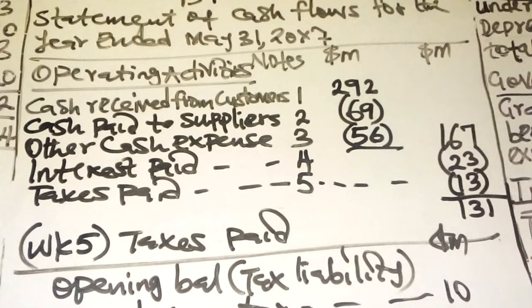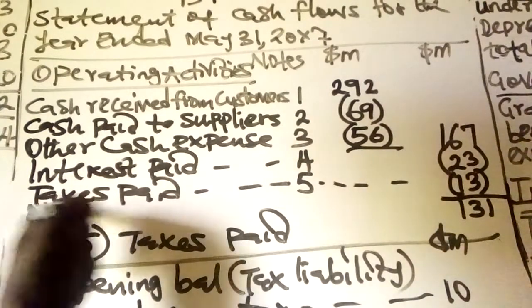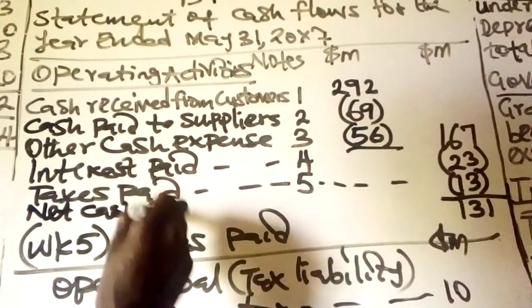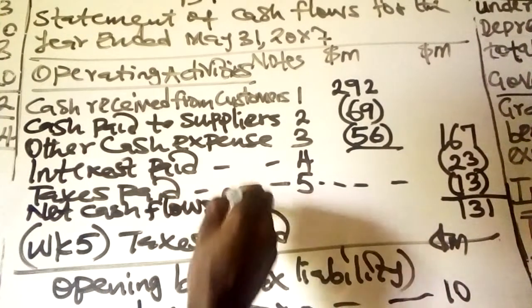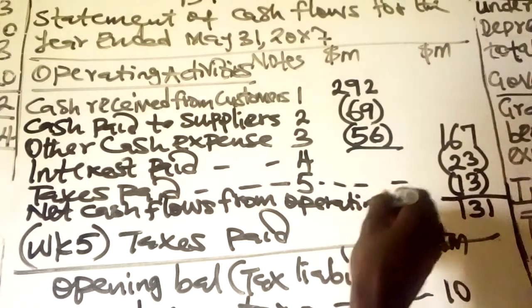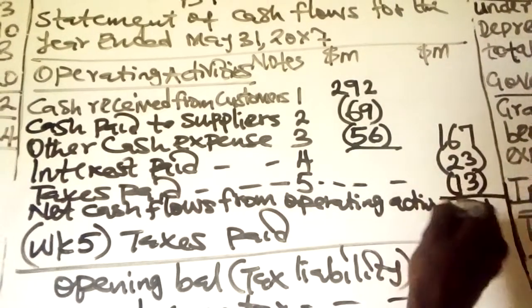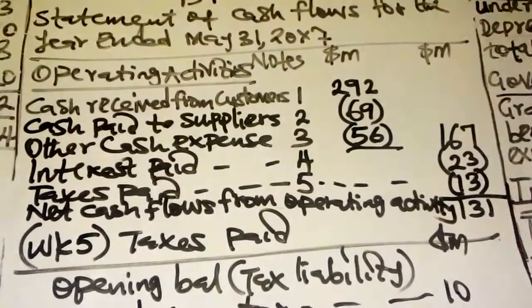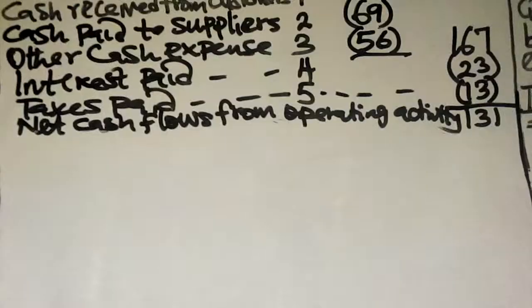That 131 is the net cash flows from operating activity.